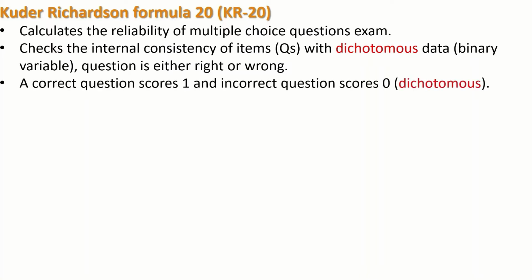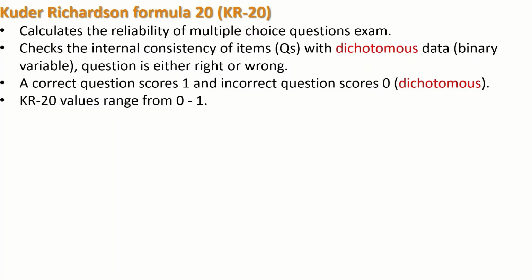A correct question score is recorded as 1 and an incorrect question score is recorded as 0. In this case, the multiple choice question has only two possible answers, right or wrong, so 0 or 1. This is dichotomous data.